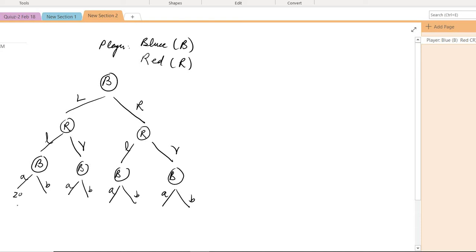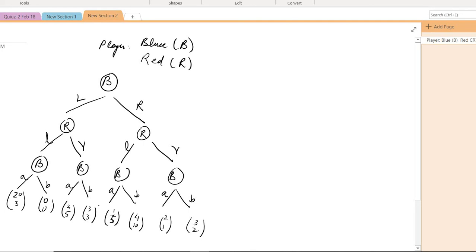This is 2 and 3. This one is 0 and 0. This one is 2 and 5. And this one is 3 and 3. This one is 1 and 5, this one is 4 and 10, this is 2 and 1, and that one is 3 and 2.